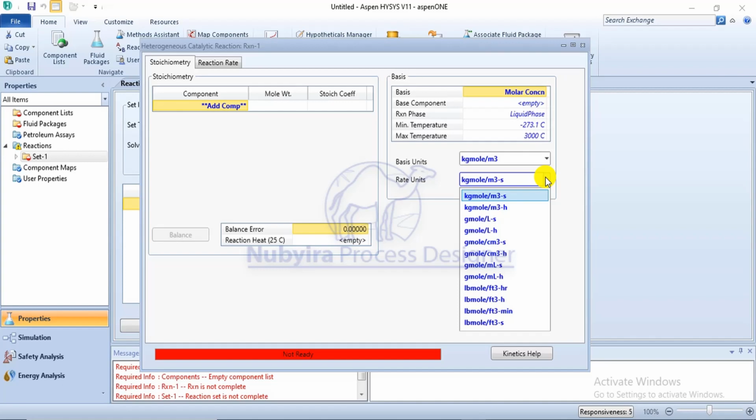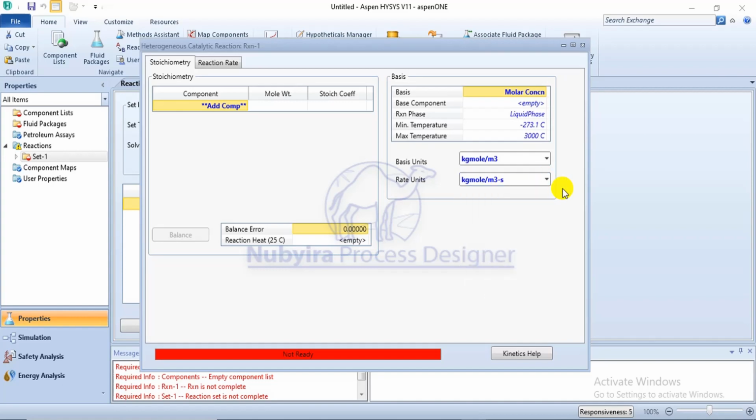We mostly have two types of rate units in this heterogeneous catalytic. So we have the rate unit that is based on reactor volume, and then we have the rate unit that is based on catalyst weight. So before you start modeling a process using Aspen Hysys for heterogeneous catalysis, you must check the rate expression and be sure that it is in meter cube, right? You must ensure that the rate expression is in meter cube.